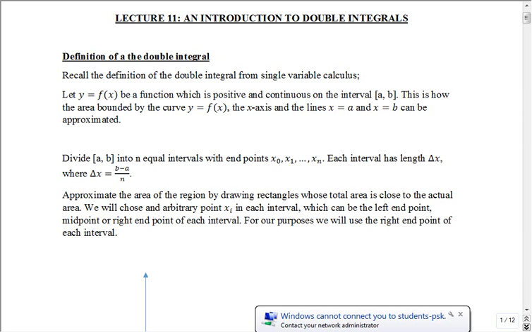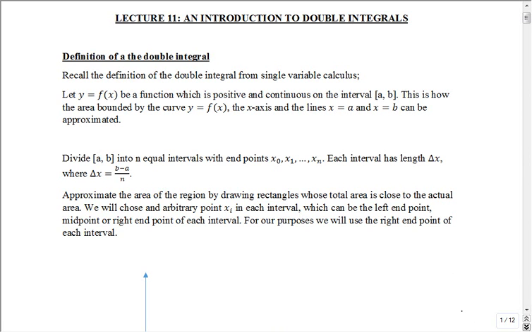And then I will show you how to find double integrals using that definition. So I don't know if you remember that, but the definition of the single integral involved Riemann sums.